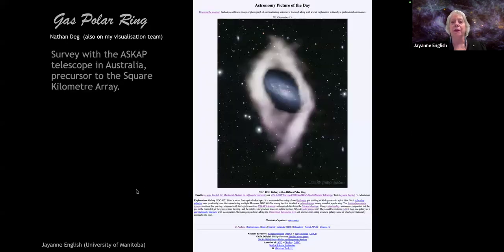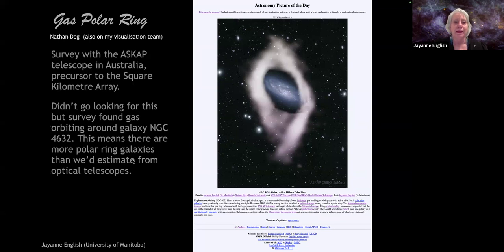But this survey, the way we found this one was that it was in a survey. We weren't looking for these rings, and we discovered them. And it doesn't look like it has stars. We found a number of them that are just apparently gas rings. That means they're more polar ring galaxies than we would determine using optical telescopes.